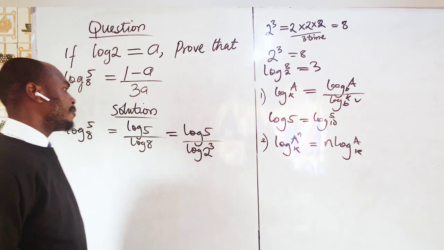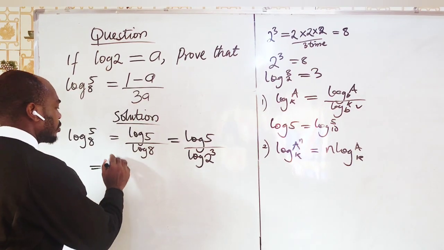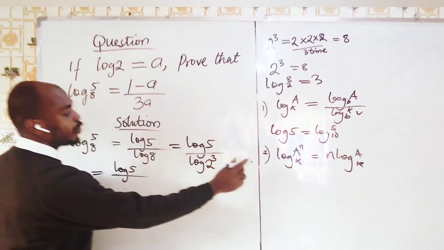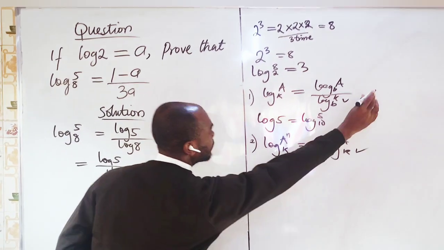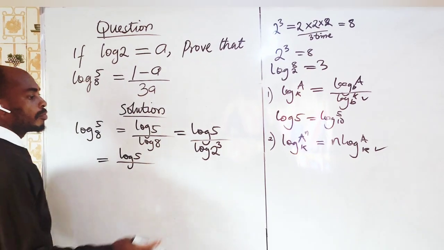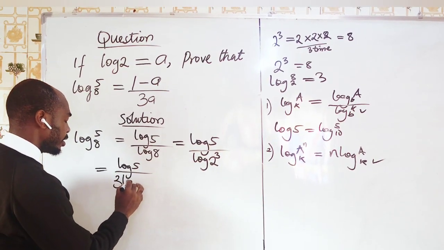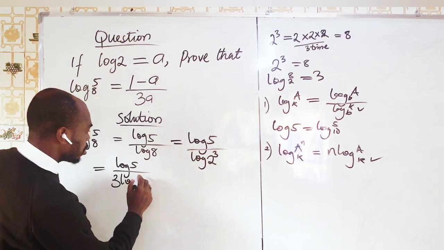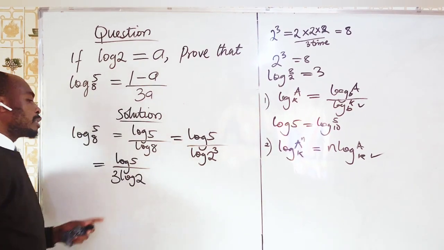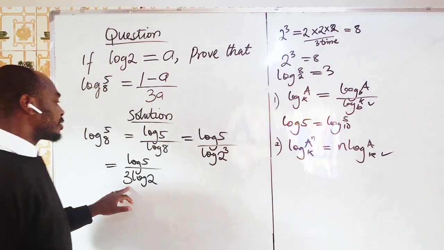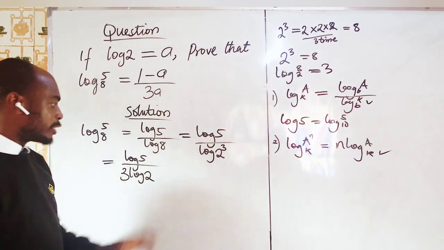So we rewrite this as log 5 all over, following this law, I take the power to this side, and it becomes 3 log 2. Have you seen the power has come up to this point? Now we are done with the next law.